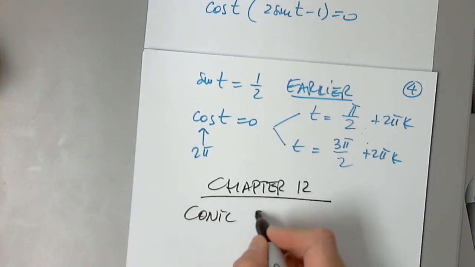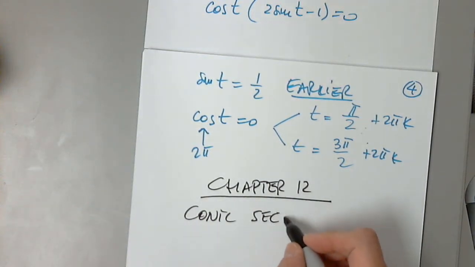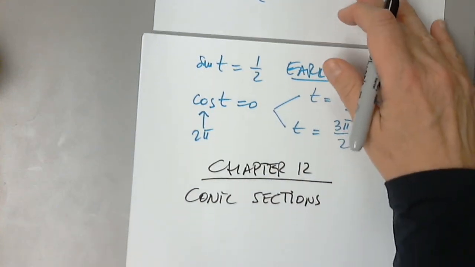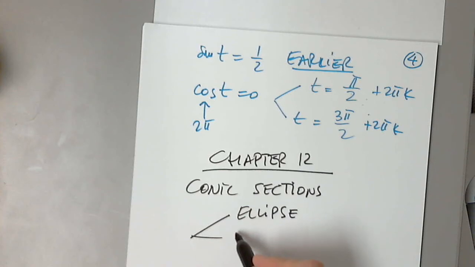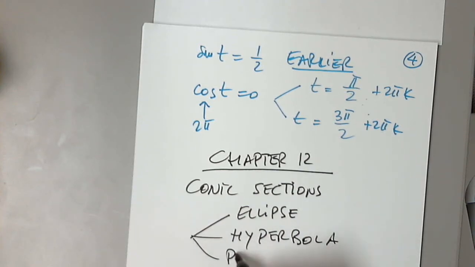Conic sections: ellipse, hyperbola, and parabola. An application that you will see mainly in physics, for example for the parabola, is the satellite dish.